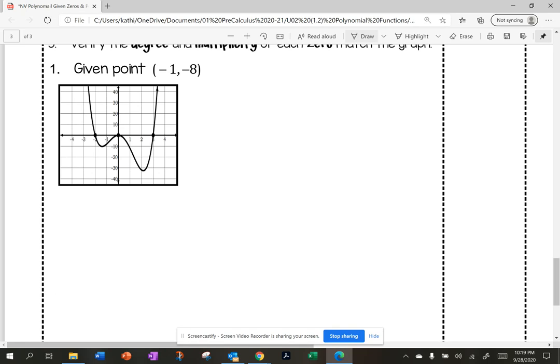Here, my zero is x equals -2. Here, my zero is x equals 0. Here, my zero is x equals 3.